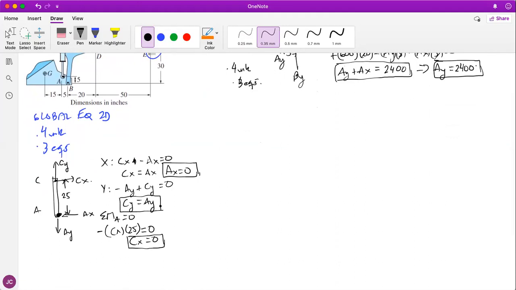I don't know CY, but it's going to be equal to AY. Oh, but look, I already know that AY equals this thing. Therefore, I can write that CY equals this.